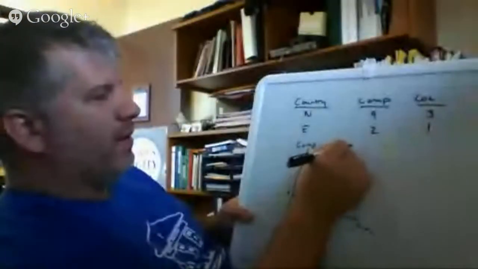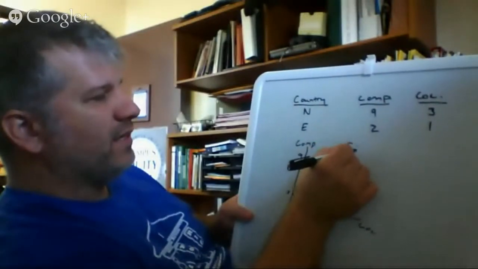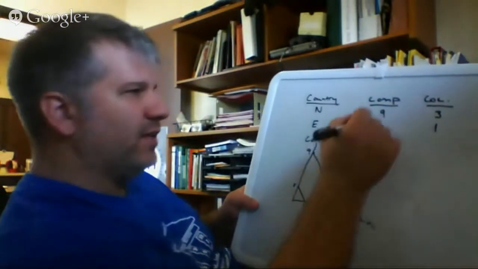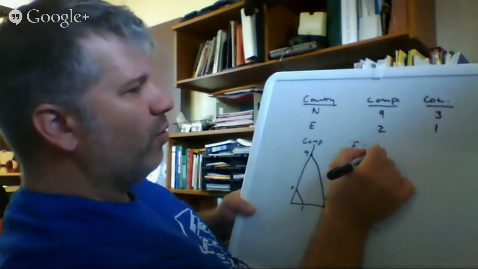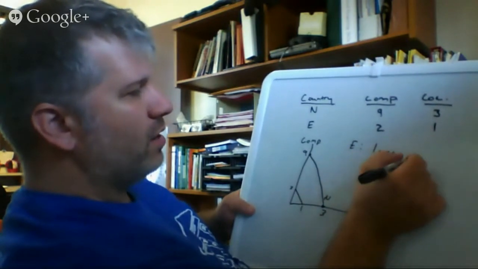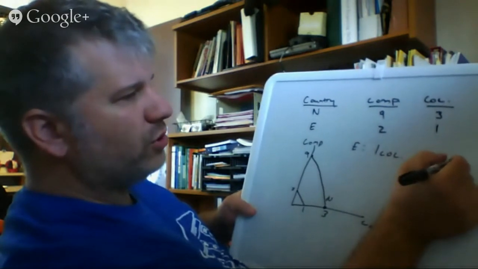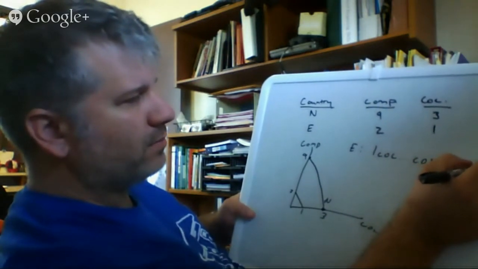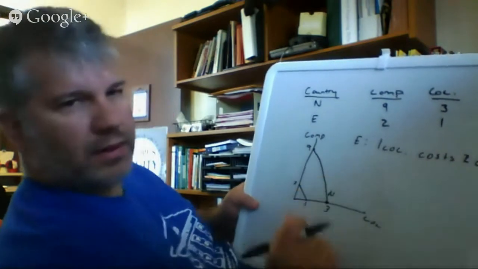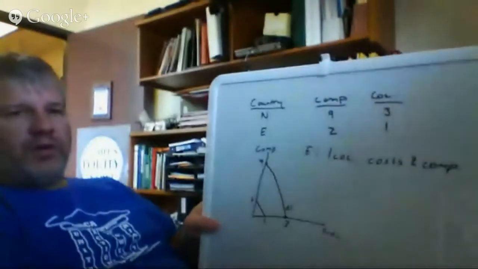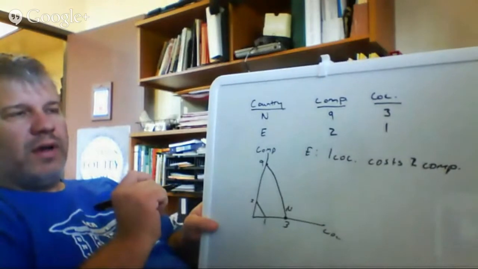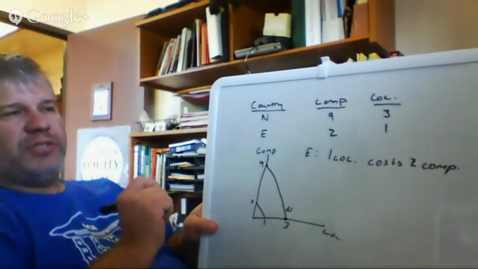For country E, we can set up a series of trading relationships. We can say 1 coconut costs 2 computers. The idea is if you're going to sell a coconut, you need to be paid at least 2 computers.